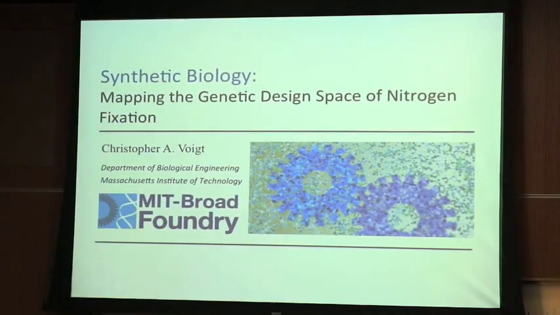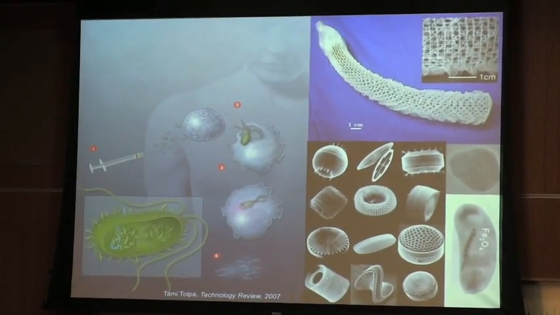So for a long time, we and others in the field have dreamt of being able to program cells to do complex functions. And so these are some examples of either what has been envisioned of what could be done or things that happen naturally in biology.